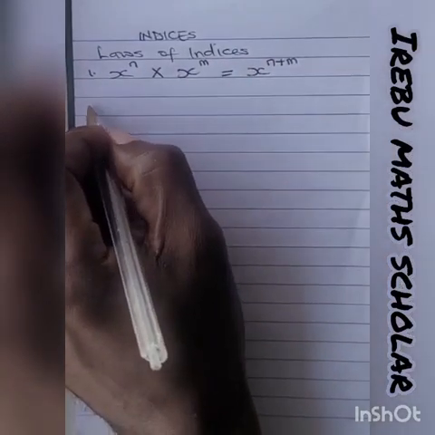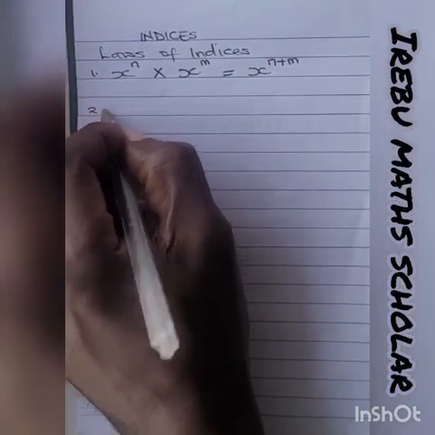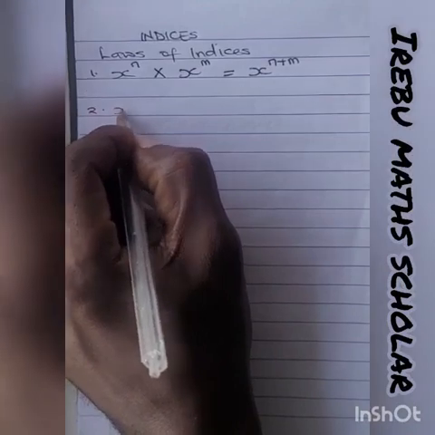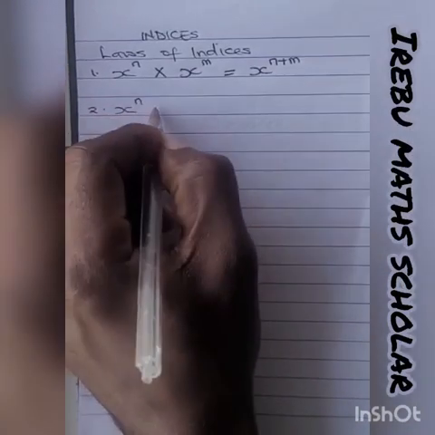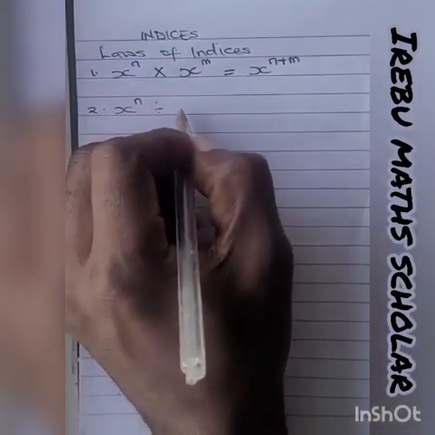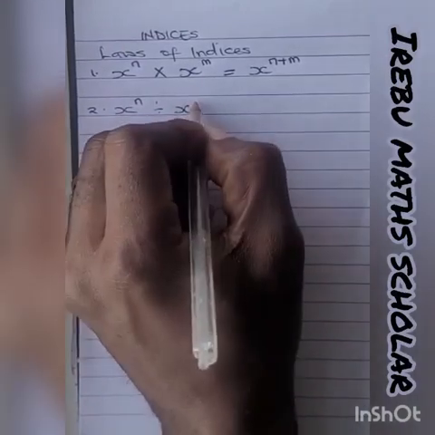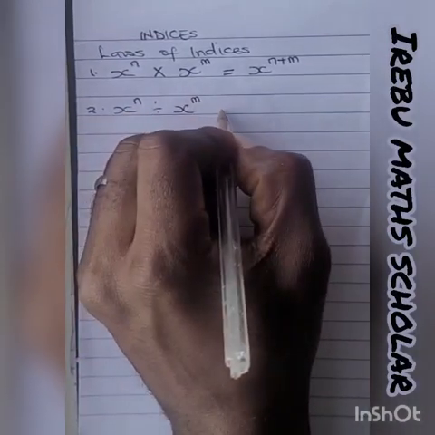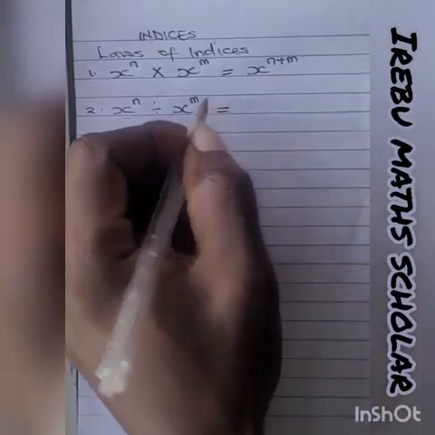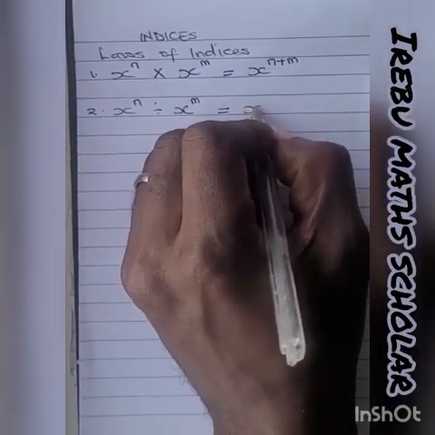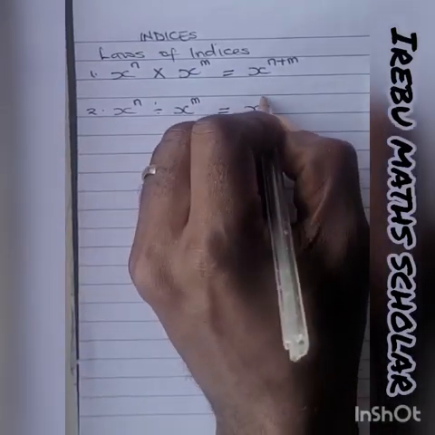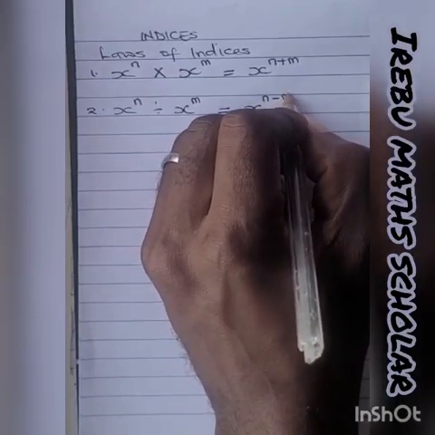The second one is, if we have x to the power of n and you are dividing it by x to the power of m, what you need to do is to what? You have x to the power of n minus m.